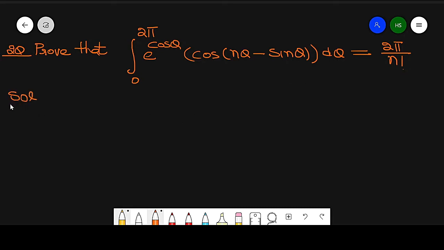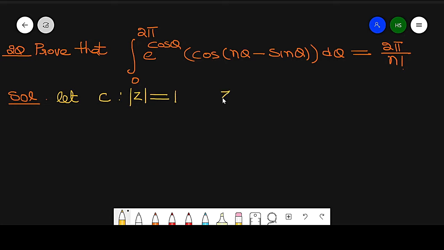Now here see that our question is of this kind. The integration is from 0 to 2 pi. Also it is a function of sine theta and cos theta. So we will apply the integration around a unit circle. So let C be the unit circle, modulus of z equal to 1.